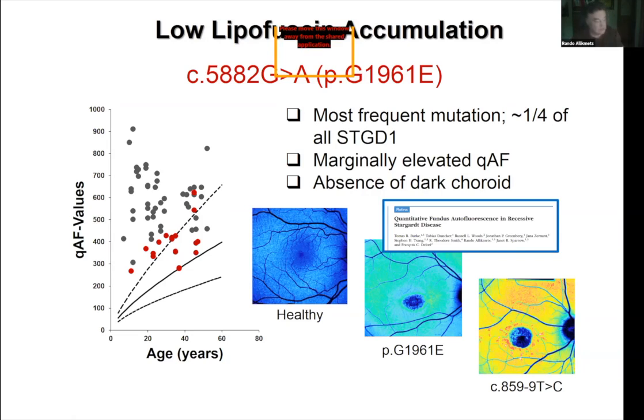So these are things you have to know, because in the middle picture, there is a slight increase in lipofuscin with the bullseye, but it's incomparable to this other mutation, down the bottom right, where you have a huge increase.